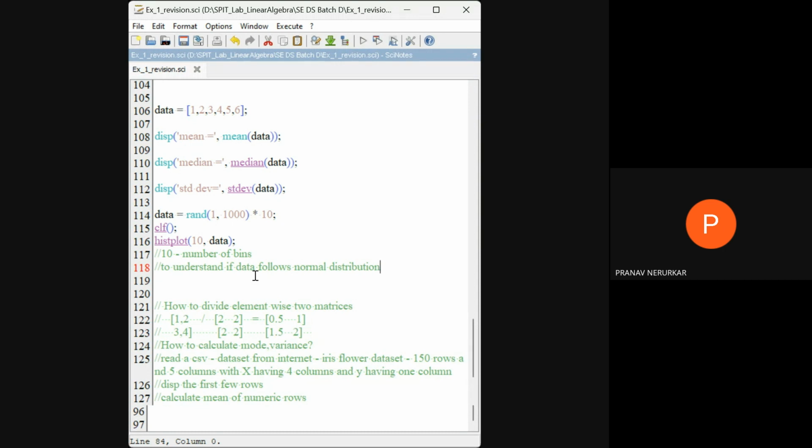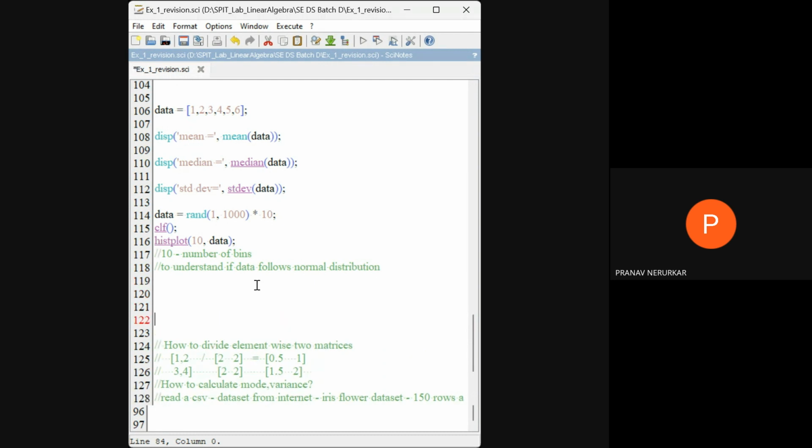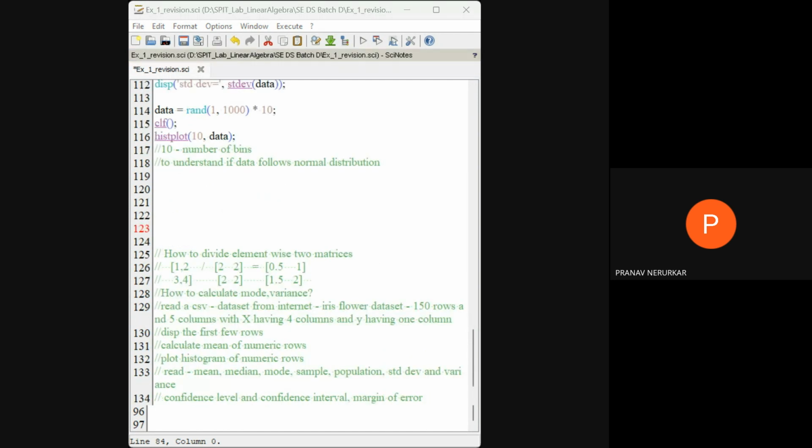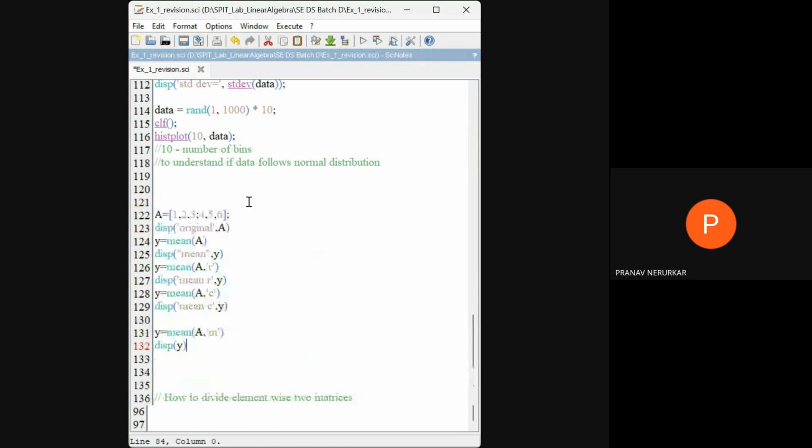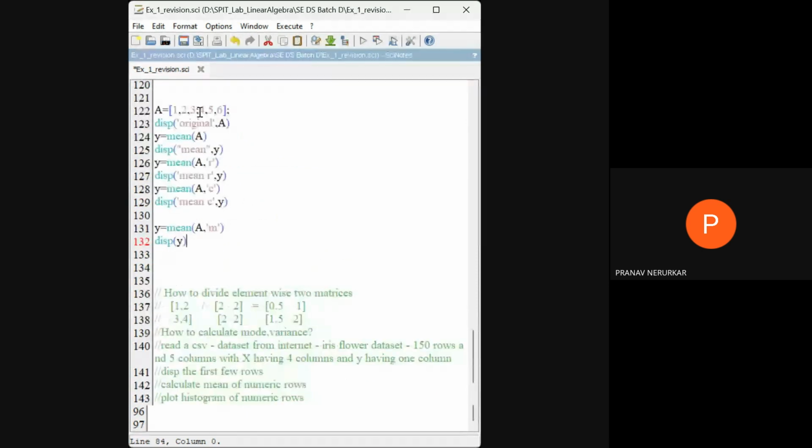Many other ways are there for calculating mean. First, R means for row, C is for column. Given a matrix, different possibilities for calculating mean are given.